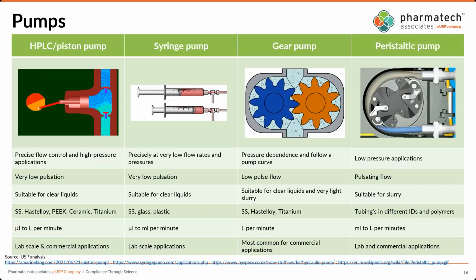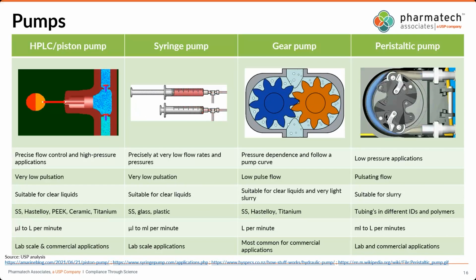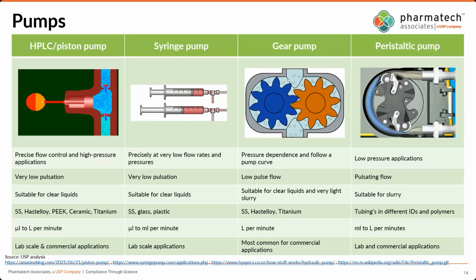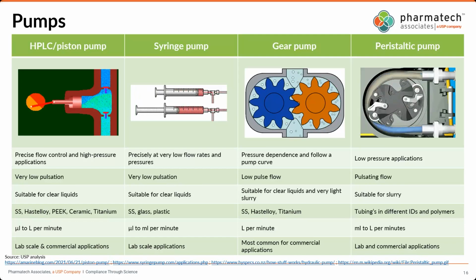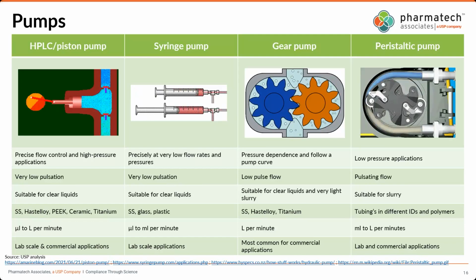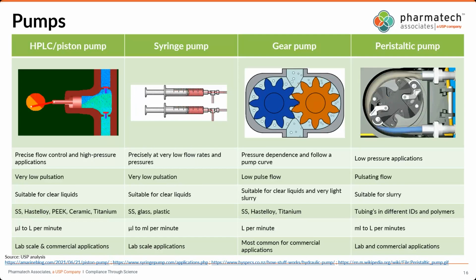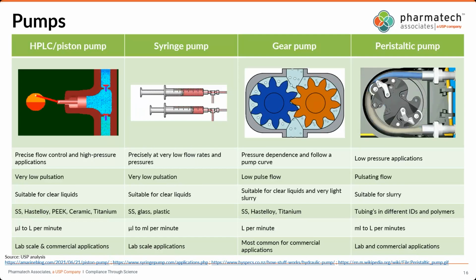The syringe pumps, on the other hand, are an alternate cheap option to the HPLC pumps, and they are basically used for pumping fluids at very low flow rates and pressure. The next are the gear pumps.